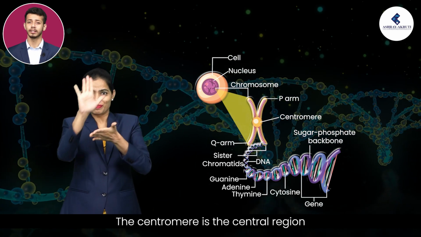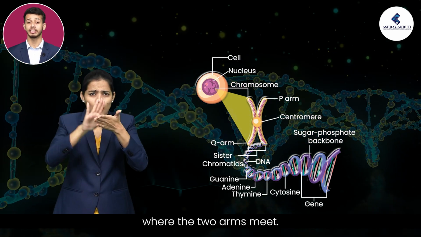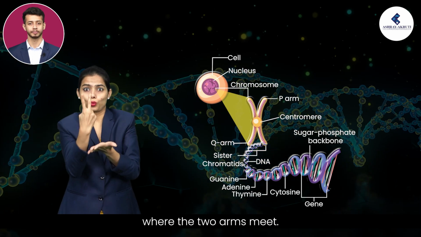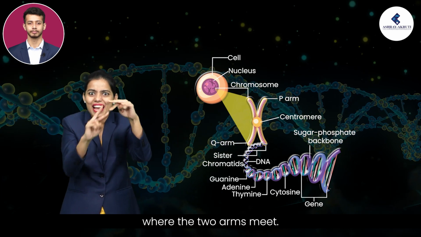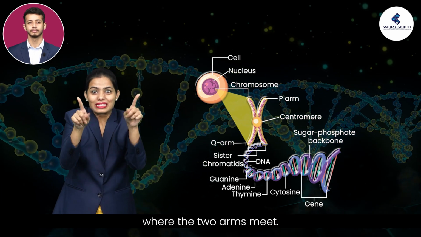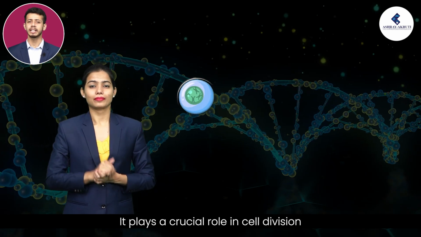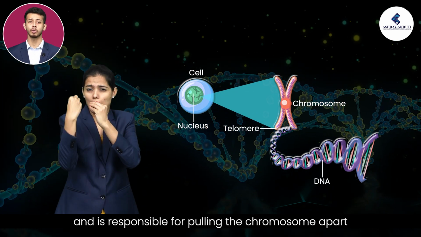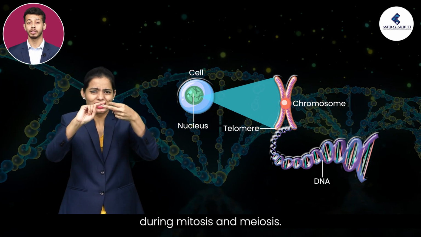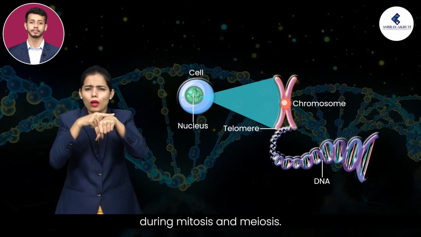The centromere is the central region where the two arms meet. It plays a crucial role in cell division and is responsible for pulling the chromosome apart during mitosis and meiosis.